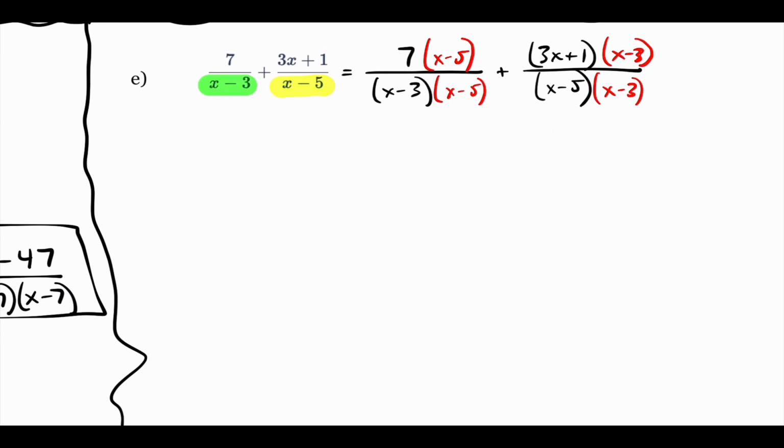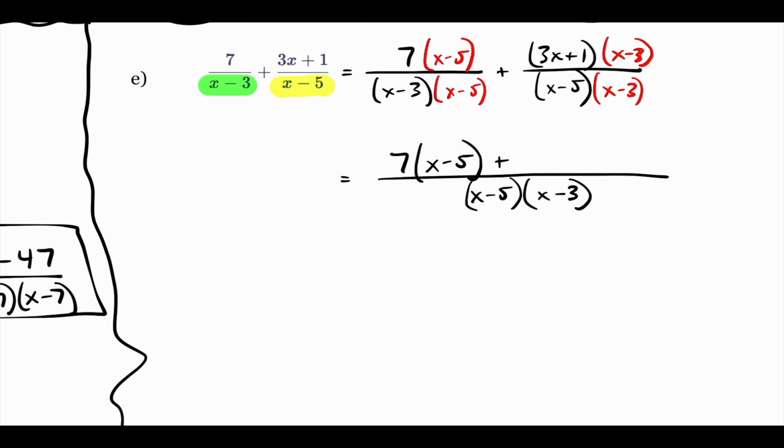So both of them need something. Okay. So I'm going to rewrite. So I have 7 times x minus 5 plus 3x plus 1 times x minus 3.